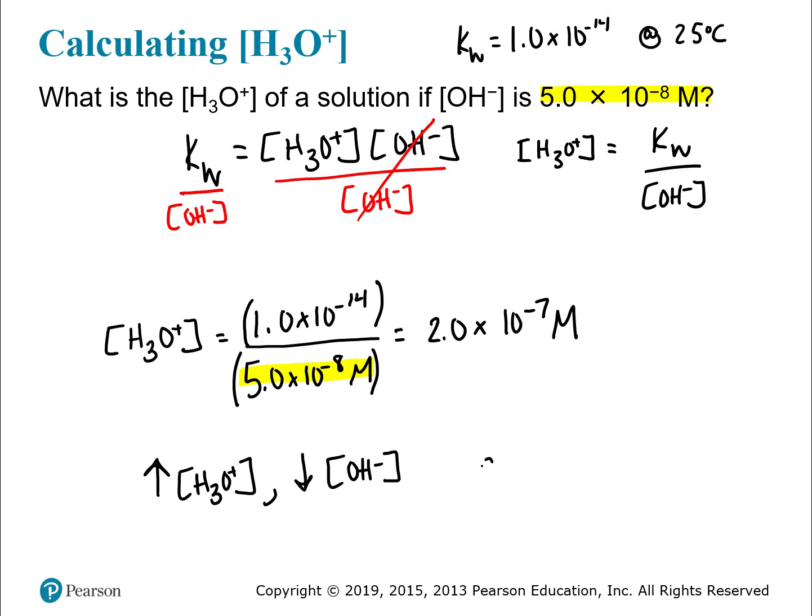So that means this is an acidic solution. That was not part of the question, but I always try to add in a little bit more practice. Get you thinking and try to link together the concepts in the chapter.